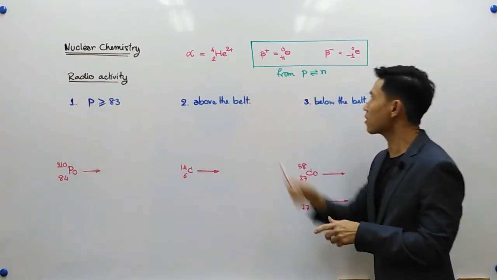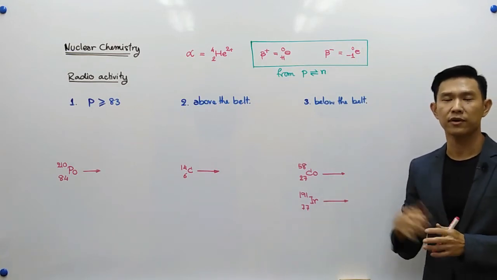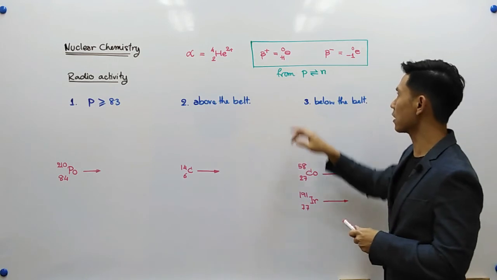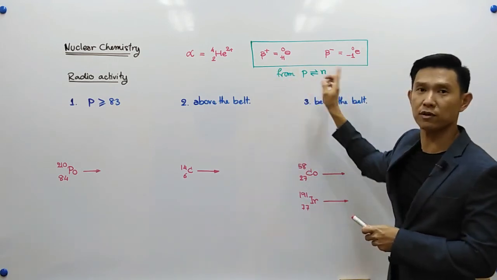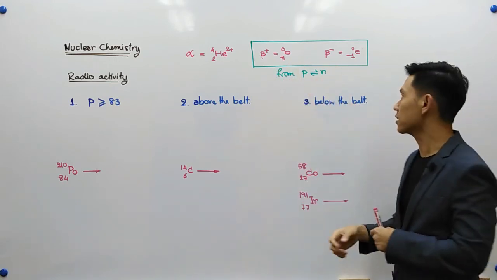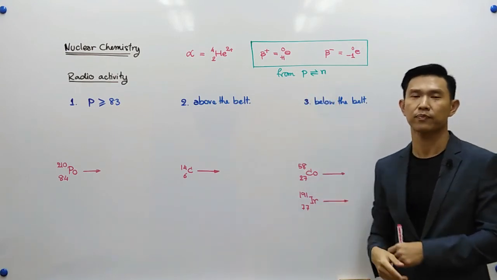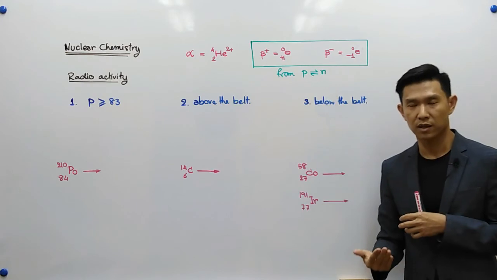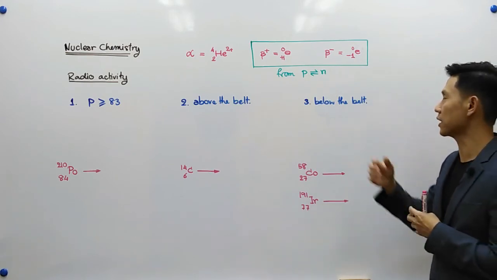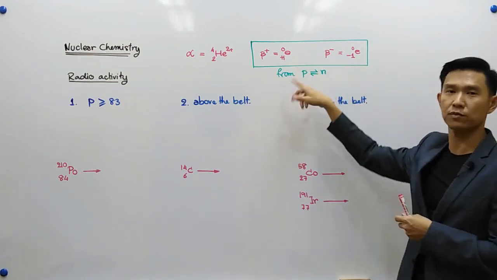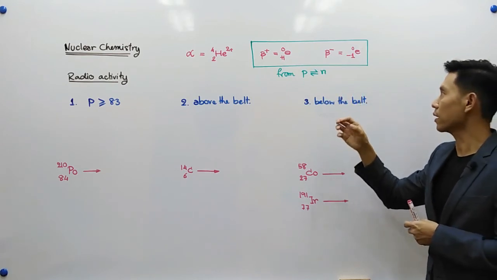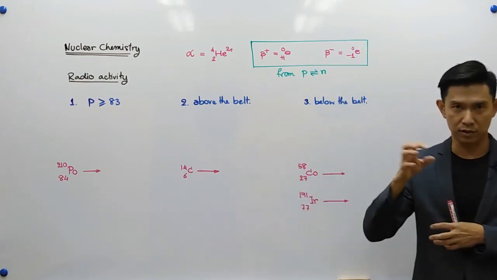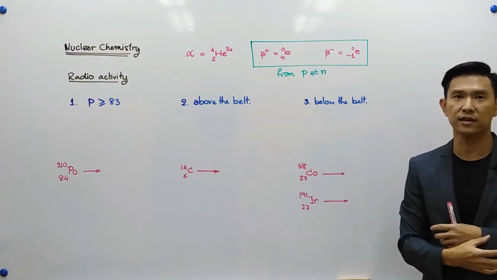Okay, so there are three types of radioactivity that I want you to fill in here. But before that, beta plus and beta minus, or positrons and electrons, are released from this kind of transformation: a proton transforms to a neutron, or a neutron transforms to a proton. During this transformation, it can release these two particles. A proton to neutron releases one particle, and a neutron transforming to a proton releases another kind of particle.